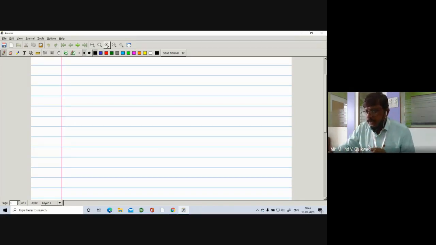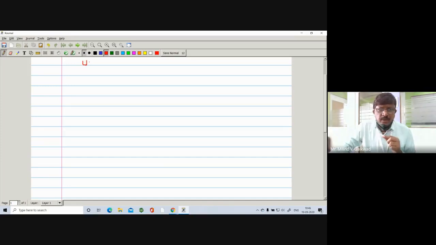So we were discussing spectroscopy, and we are discussing ultraviolet spectroscopy. In ultraviolet spectroscopy, we discussed some basic concepts last time.